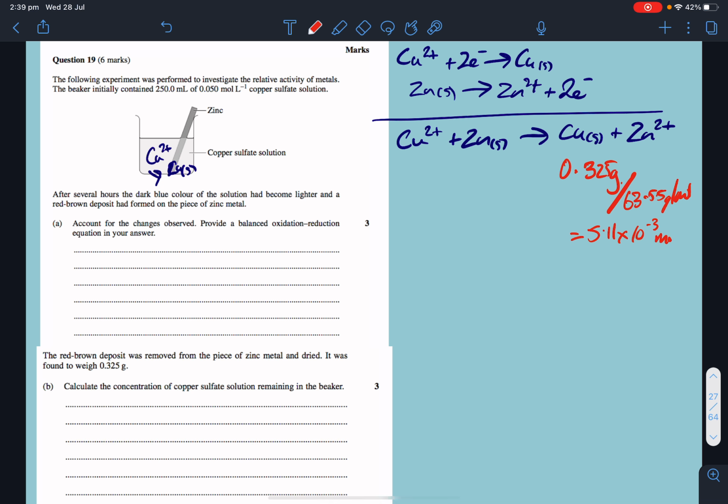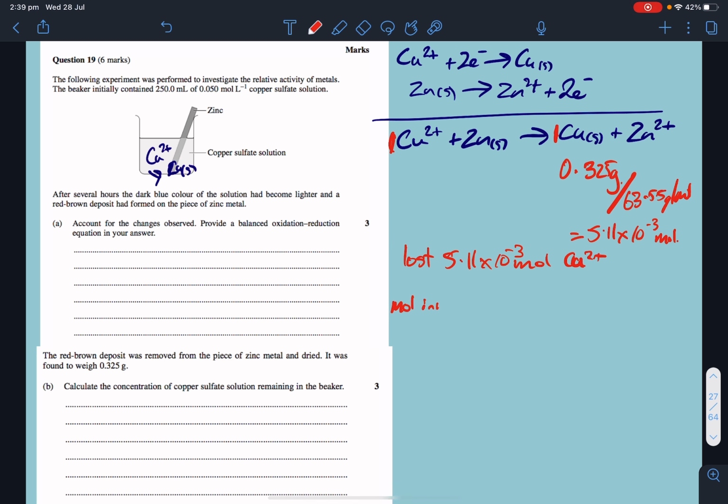Moles, units. Okay, so it means we must have lost 5.11 times 10 to the negative 3 mole of Cu2 plus, because we gained that number of moles and it's a 1 to 1 stoichiometric ratio. So we must have lost that many moles, okay? How many moles did we have to start off with?